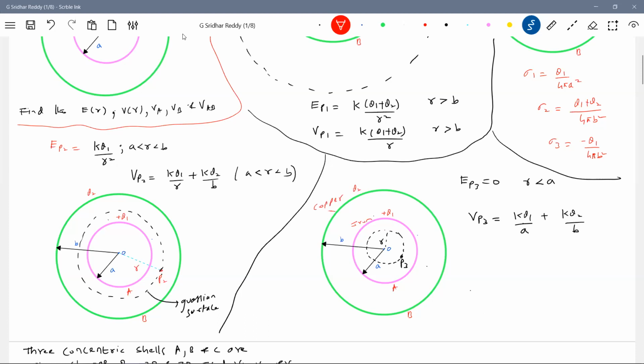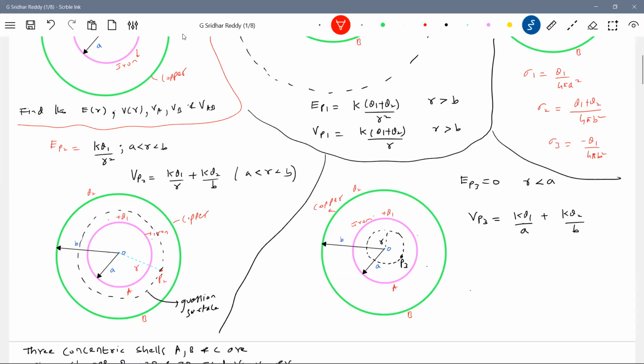This is copper. You can take help of such things. I'll write it here. Okay, this is about the field and potential at various points.